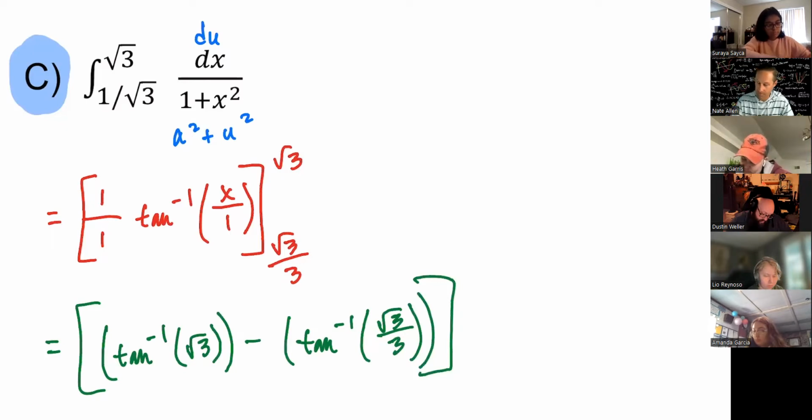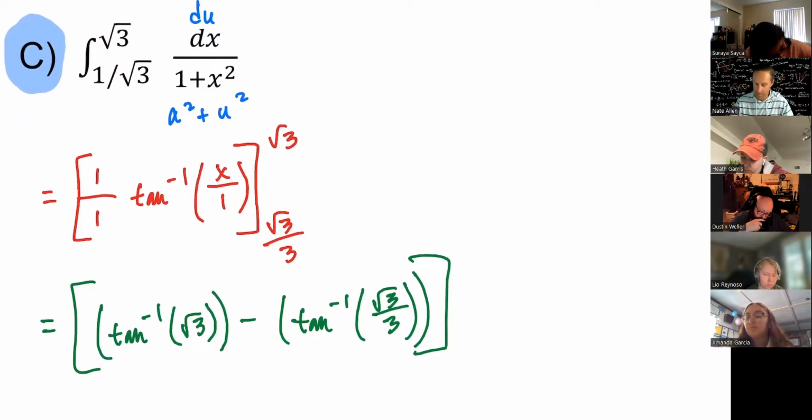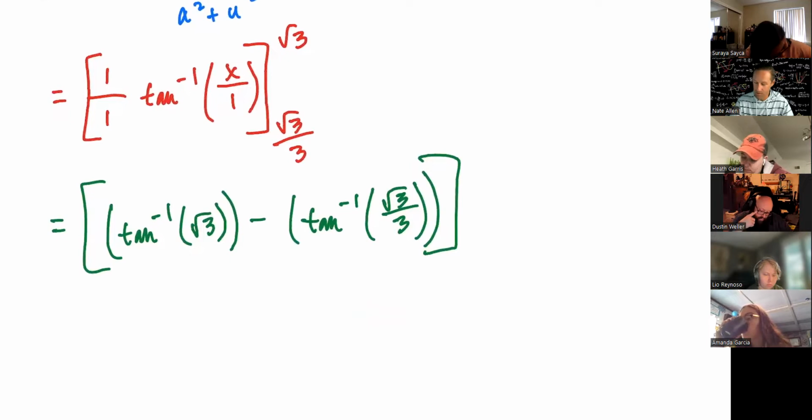Everybody good with that step? Because here comes trig to bite you in the behind. Everything up to this point was all calculus. Now you need to know what this means. And then hopefully what this is.